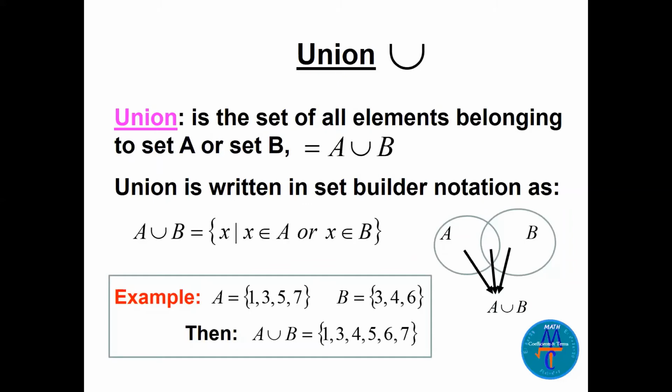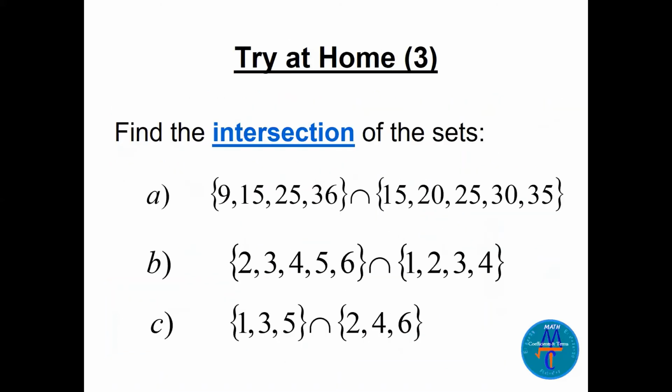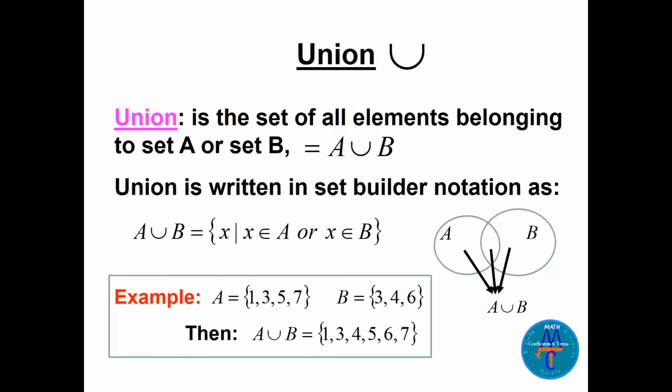I will go back and show you the definition of the intersection. You see here, A intersection B, all the elements in A and in B. You have to use and. In the union, we use the word or. So it is in A or B. That means all the elements in A, in the intersection, in B.